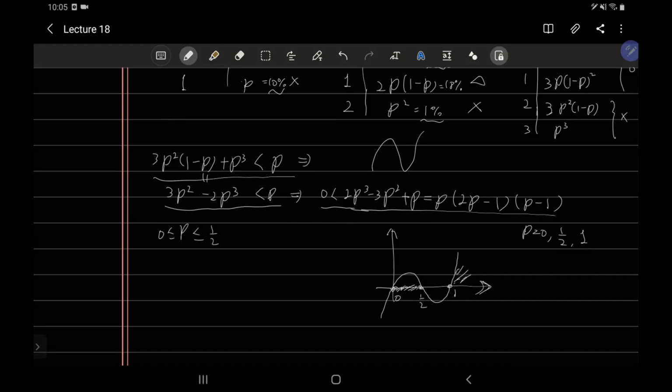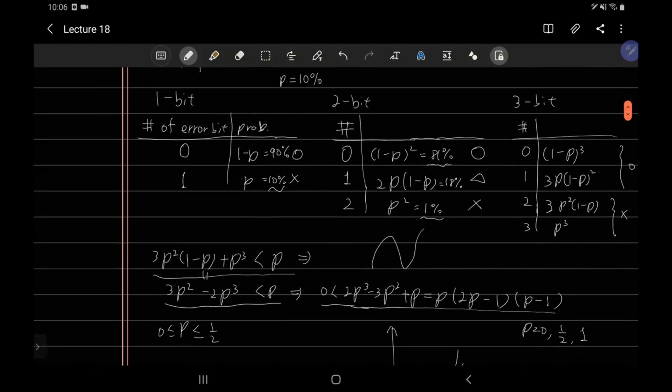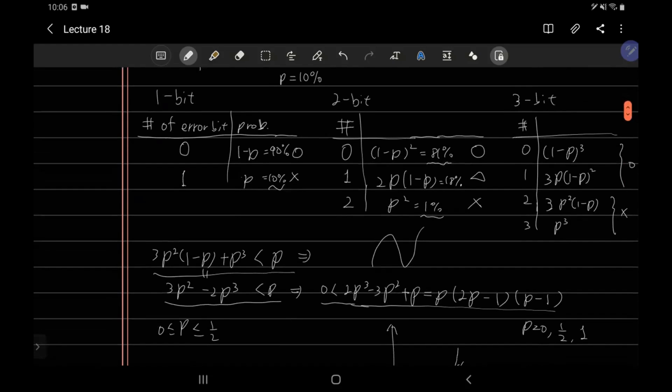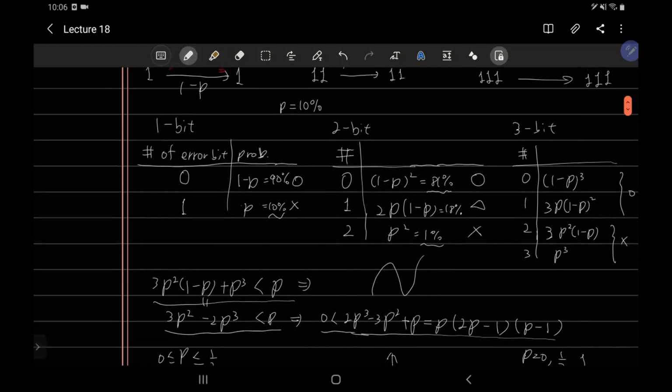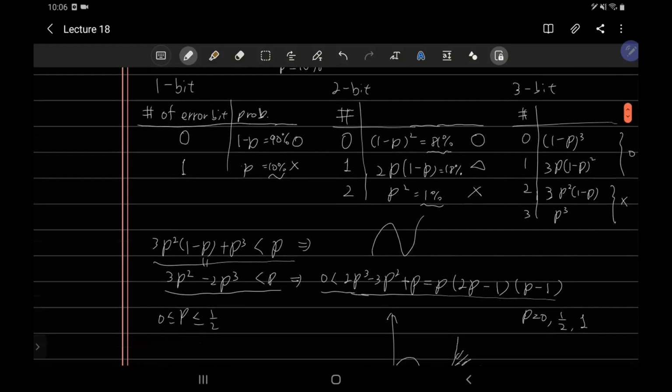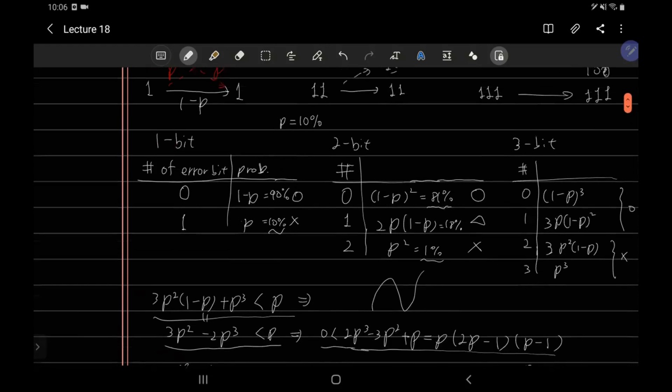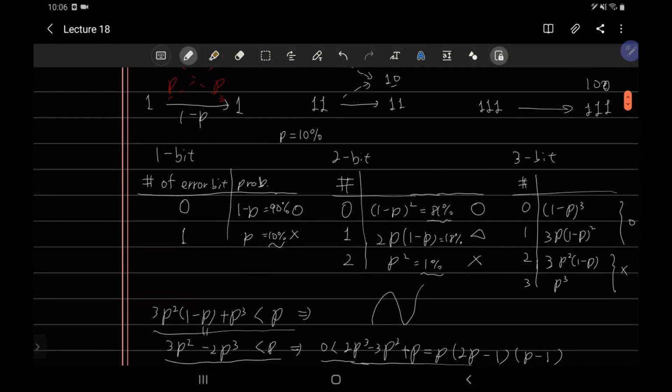And when you see this kind of result for the first time, you might say that the 3-bit encoding is better than one bit only when the error probability is less than half. And if the error probability is larger than half, then you might say that the 3-bit encoding is not good. However, that's not really the case.